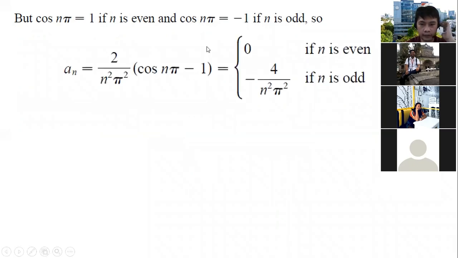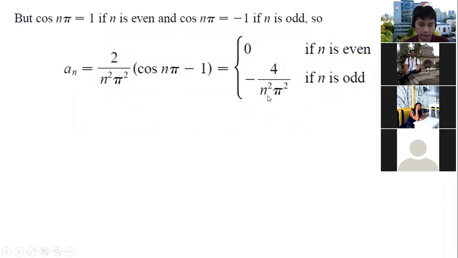If we simplify this further, the a sub n value is either 0 or negative 4 over n squared pi squared. This turns out to be 0 if n is even, and if n is odd, 1, 3, 5, this turns out to be negative 4 over n squared pi squared.